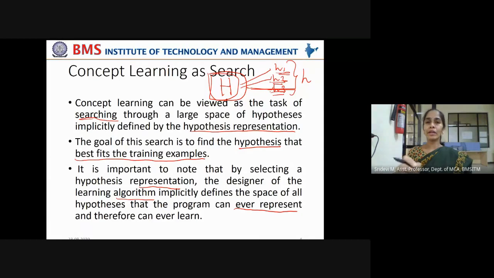Got it? So it is searching through a space of hypotheses, through a hypothesis space, and finding the best solution among the alternative solutions available. Got it?